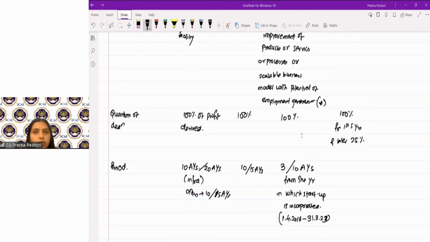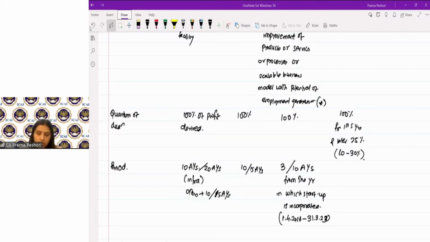The total deduction which is available here is 100% for the first 5 years, and later on it will be 25%. Clear? Are we clear? Any doubt? Okay. In case of company, it is 30%. For the company, it is 30%. Okay.